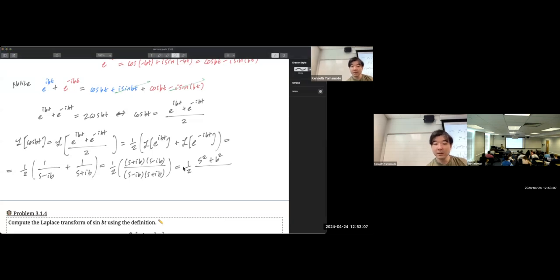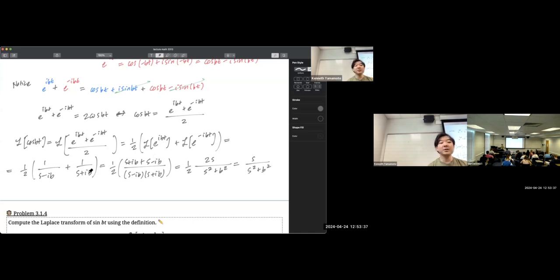Did I make a mistake here? Oh no, I had to do plus, sorry. This is s plus ib, and then we have to do s minus ib. So the top will just become 2s. And then the bottom is going to become s squared plus b squared. And the 2's cancel, so we get s over s squared plus b squared.